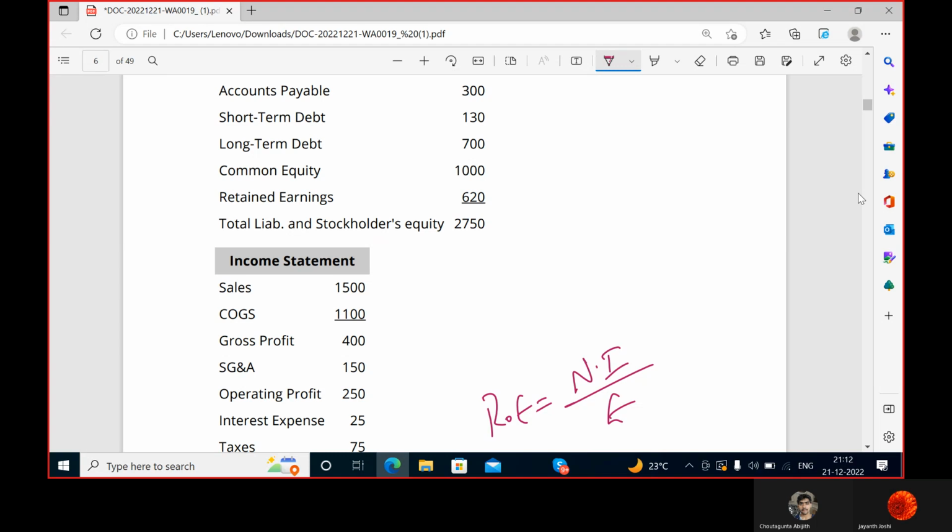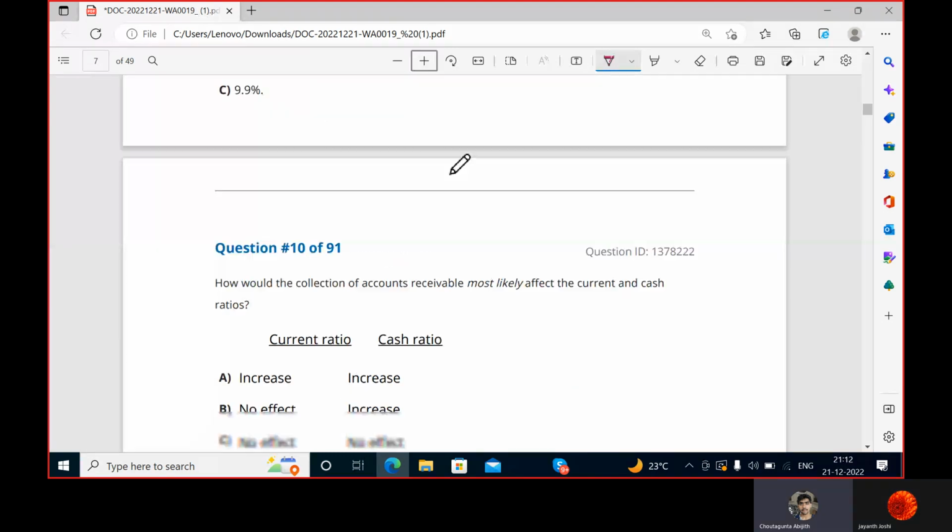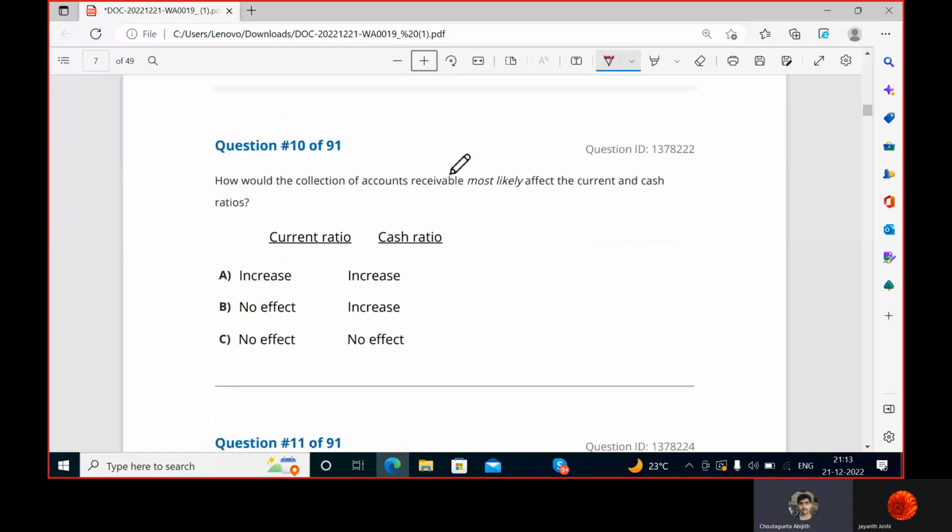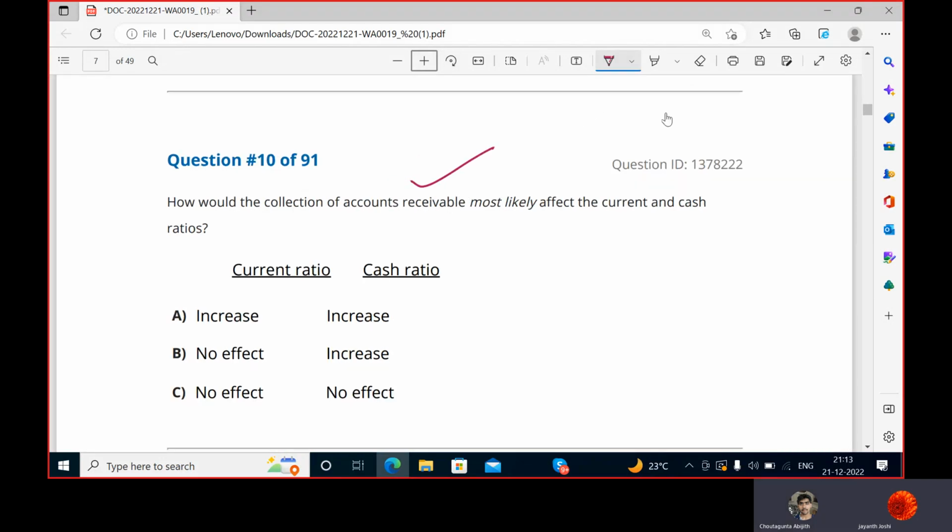Question 9. Next one, Abhijit. Is it correct though? Yeah, correct. Oh, is it? Okay. How would the collection of accounts receivable most likely affect the current and cash ratios? Just a second, Abhijit. Cab guy is calling.